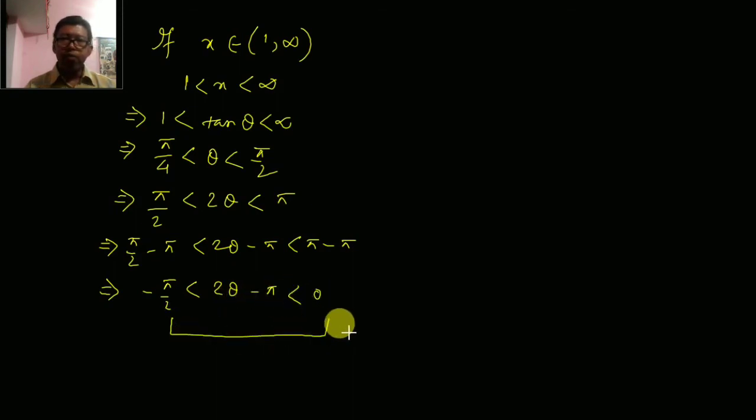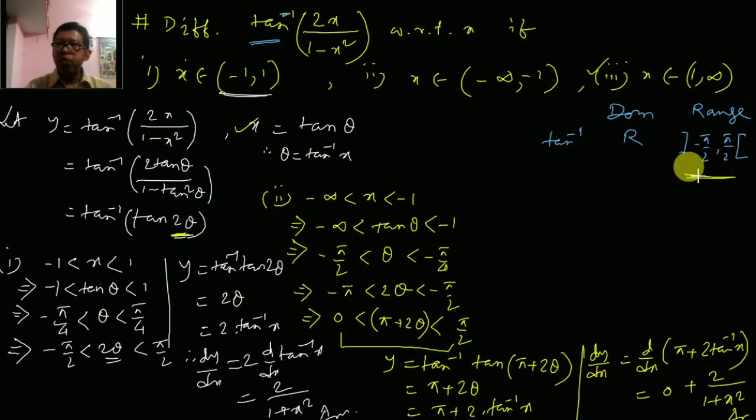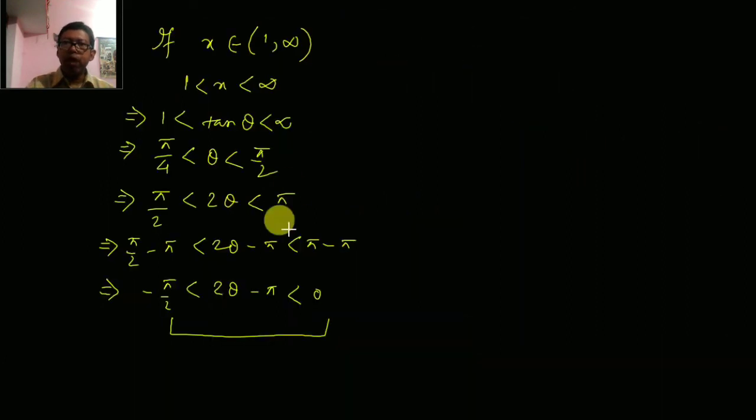This is a part of your range, so you have to substitute your angle 2 theta by 2 theta minus pi.